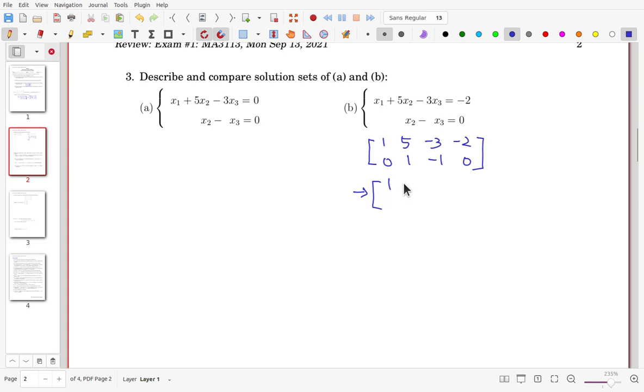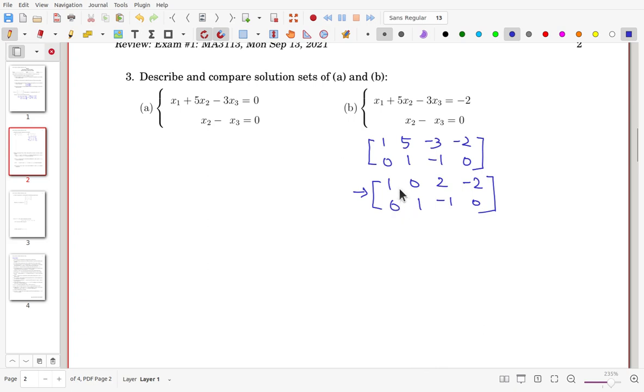Then it's 1, 0, 2, and here -2. And then this is 0, 1, -1, and 0. With 5 times subtraction, it must be 2.